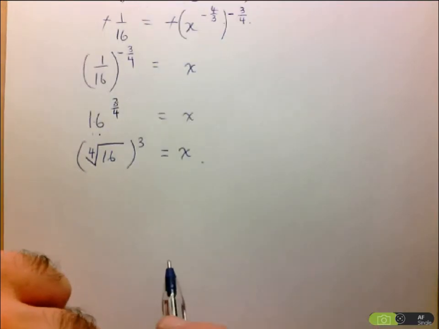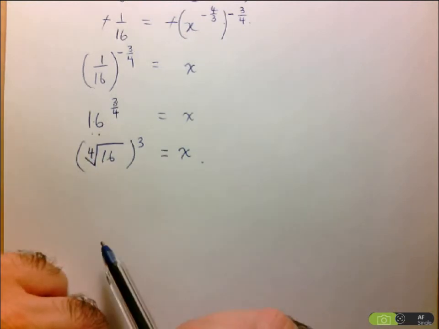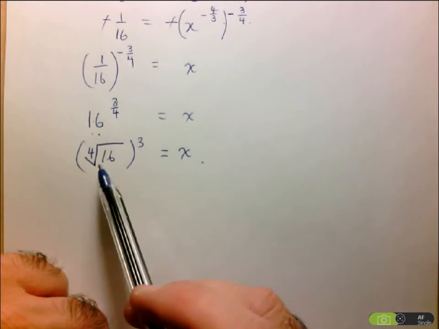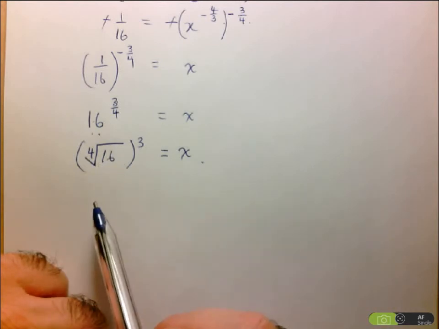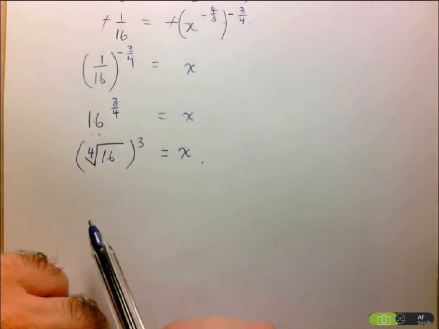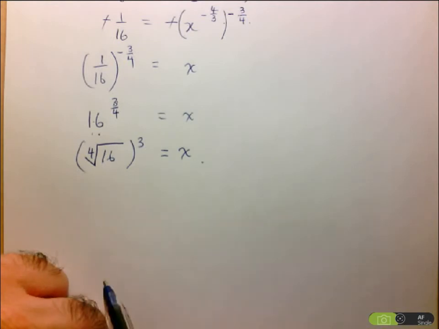Another thing we need to be careful of is that we're taking a 4th root. Similar to when we take a square root, we realize that there are 2 possible scenarios. Same thing for the 4th root. So this can either give us the positive 4th root of 16, or the negative 4th root of 16.